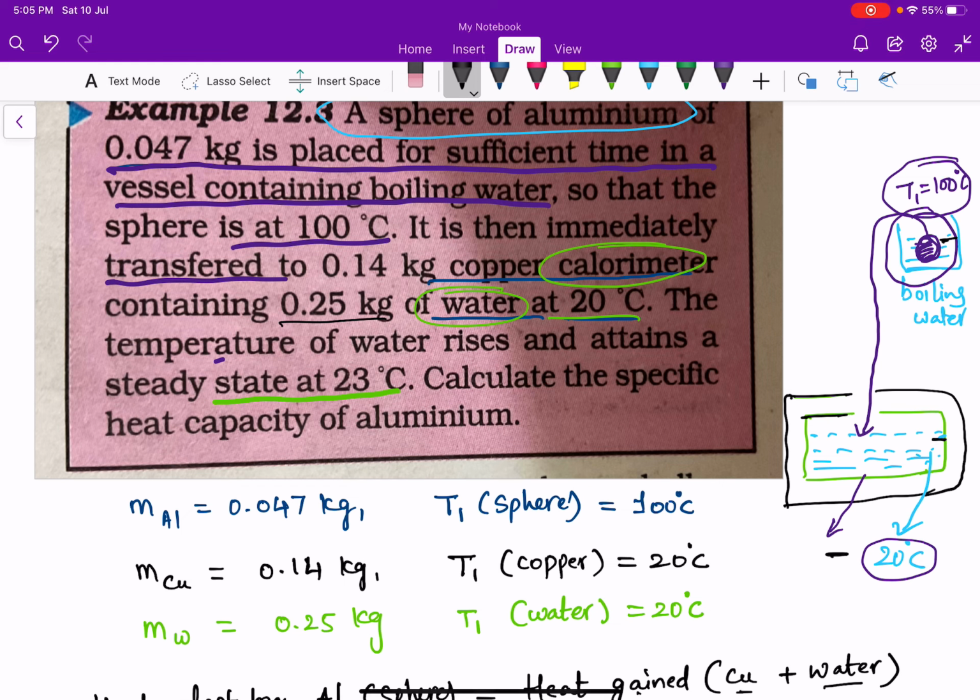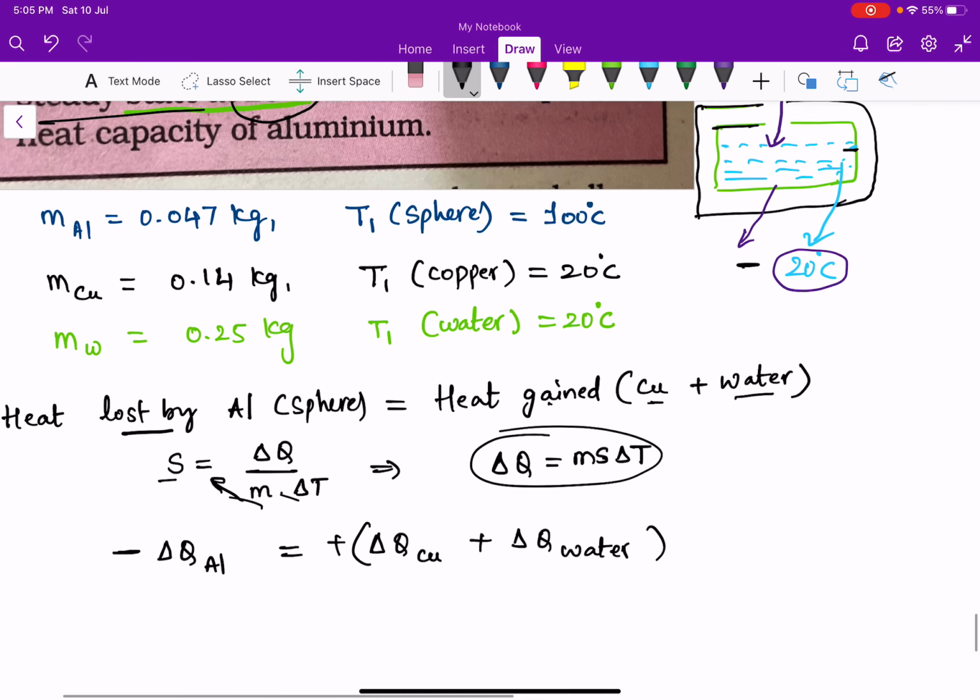In the water calorimeter, the heat energy will be lost by the sphere and gained by water and copper until thermal equilibrium is attained. That final thermal equilibrium temperature, the steady state temperature, is nothing but the equilibrium temperature. That is the final temperature of the aluminum sphere, water and copper calorimeter, equal to 23 degrees Celsius.